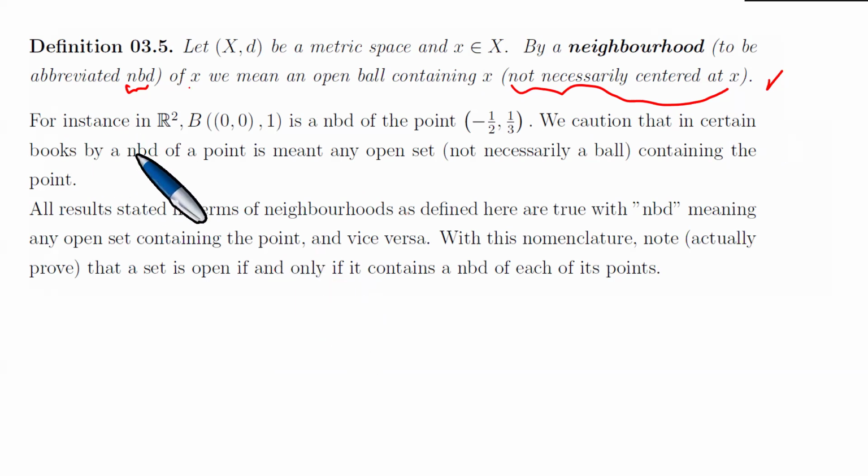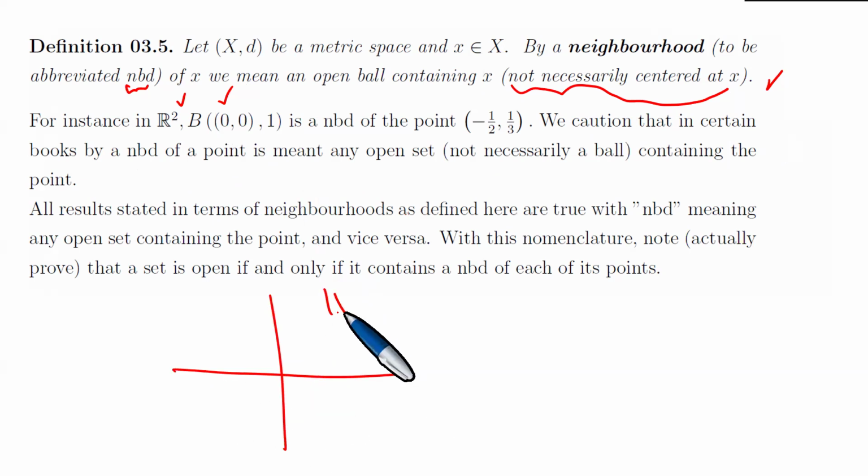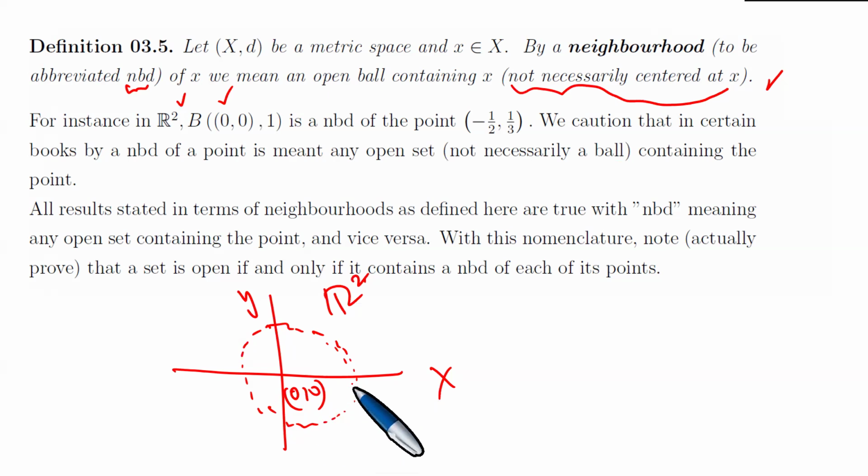So for instance, in R2, you can take the open ball of center the origin (0, 0) and radius 1.